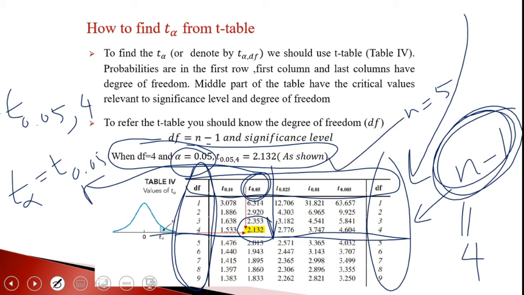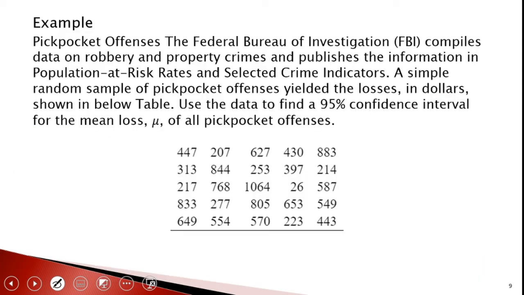This is your t value based on 0.05. This is how you find the value using the t table. You must know what the degree of freedom is. Don't forget degree of freedom equals n minus 1.